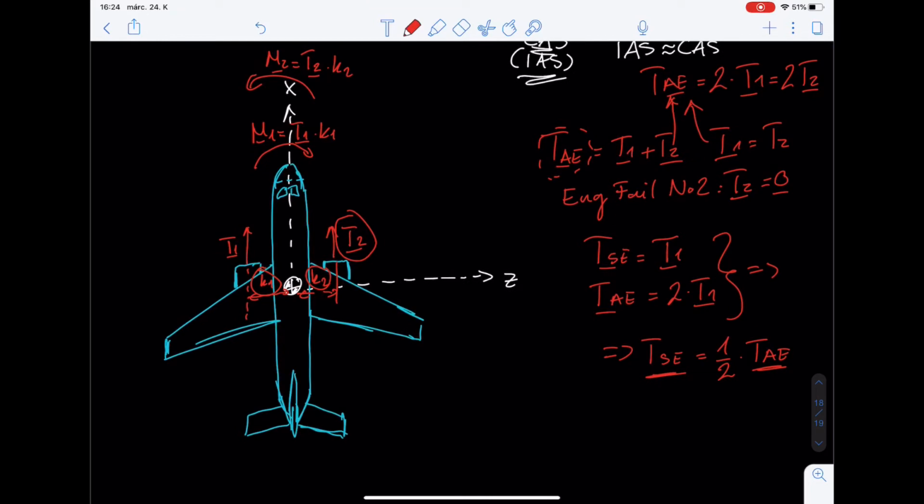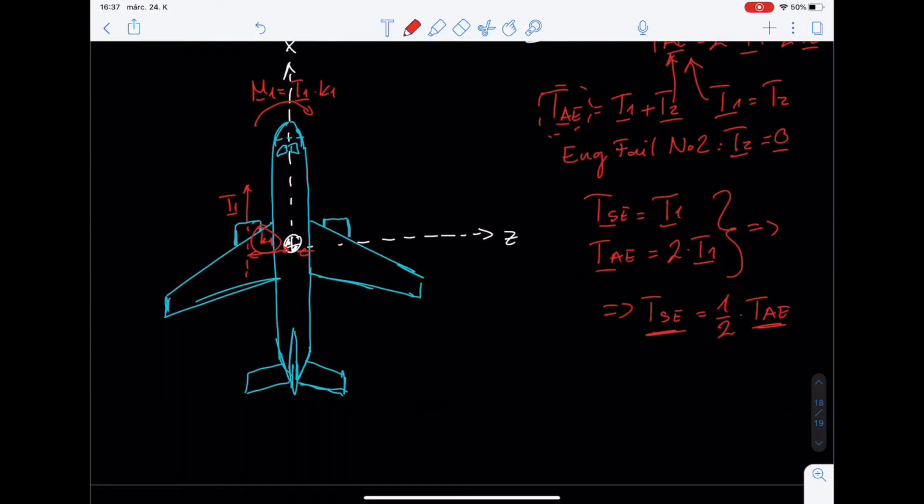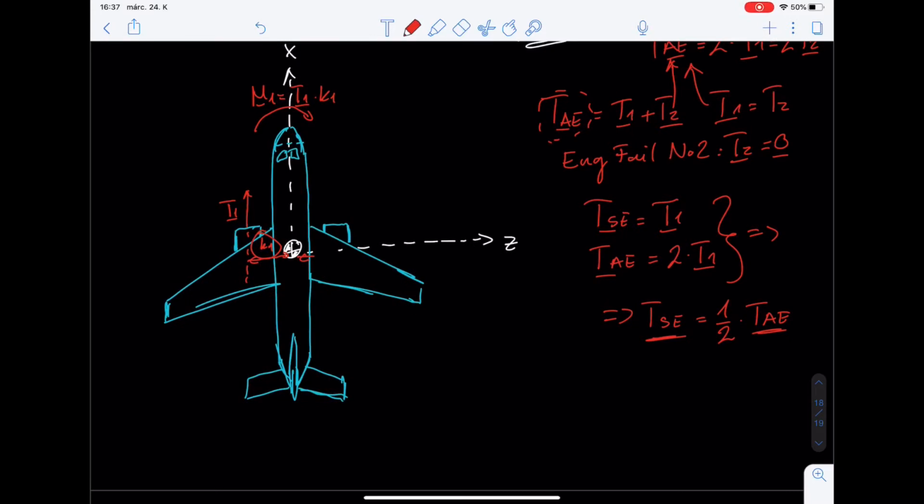But what happens if we have an engine failure is that this component disappears, right? And along with the disappearing force component, also the moment M2 which counteracted the M1 also disappears, right? So therefore we have an unequalized moment around the center of gravity, which is trying to rotate the aircraft around the center of gravity along the vertical axis of the aircraft to the right, right?